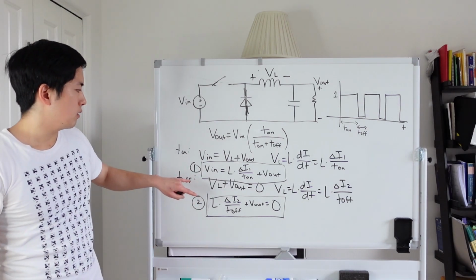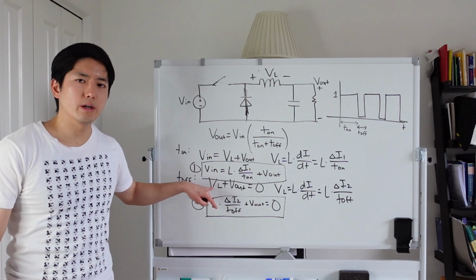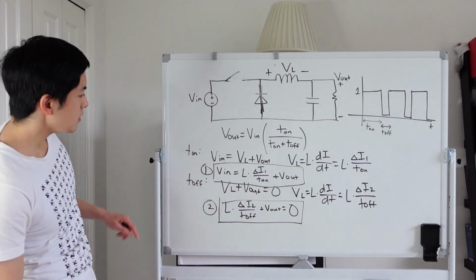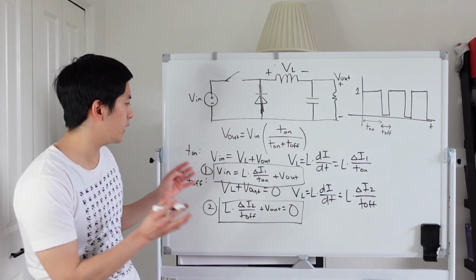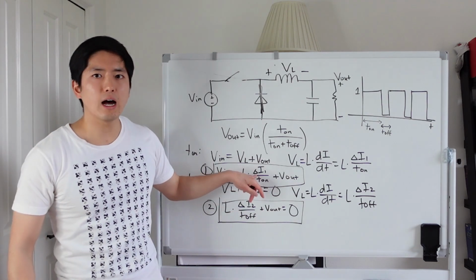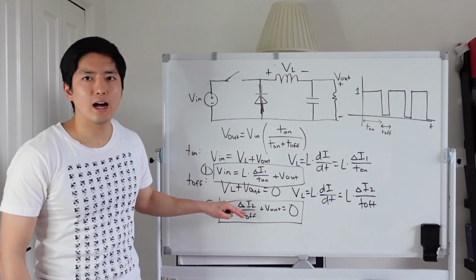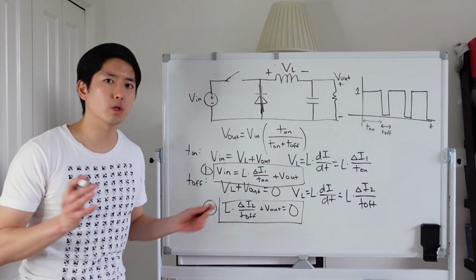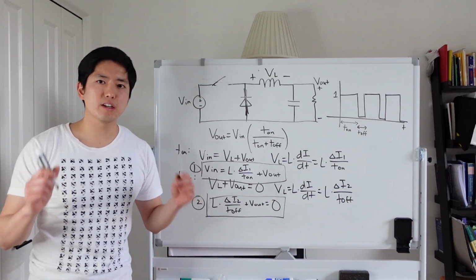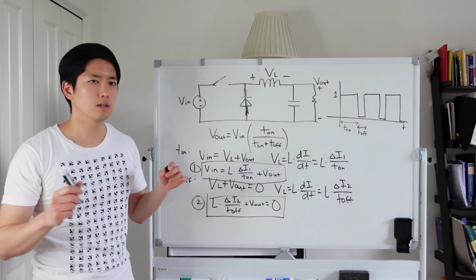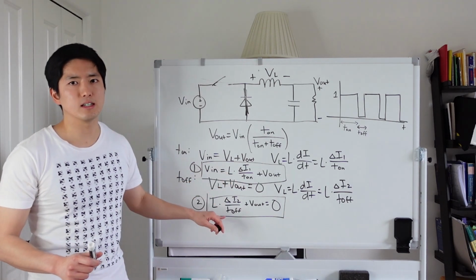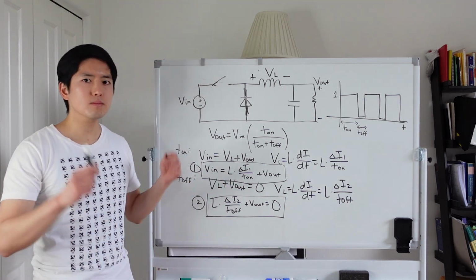But what is the variable that we want to get rid of here? The variable that we kind of want to get rid of here is delta I1 and delta I2. We just don't know what those are. But we can actually figure out the relationship between delta I1 and delta I2. How do we do that?